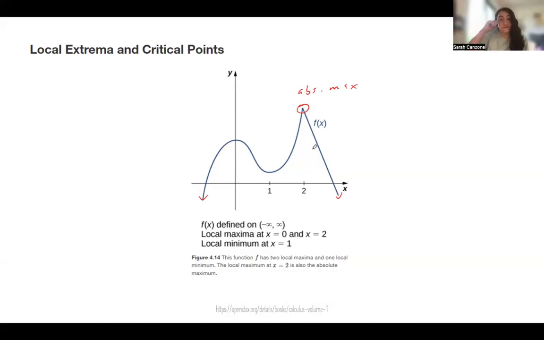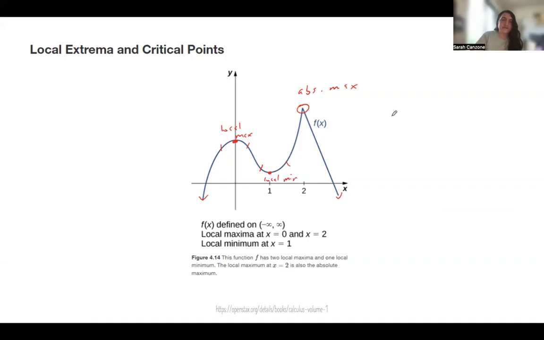And now we can also consider that we have these turning points right here. Now, they're not any absolute anything, but they will be local. Because if we consider just this interval right here, then this point here is a local maximum. And if we consider, say, this interval here, then this point here is a local minimum.